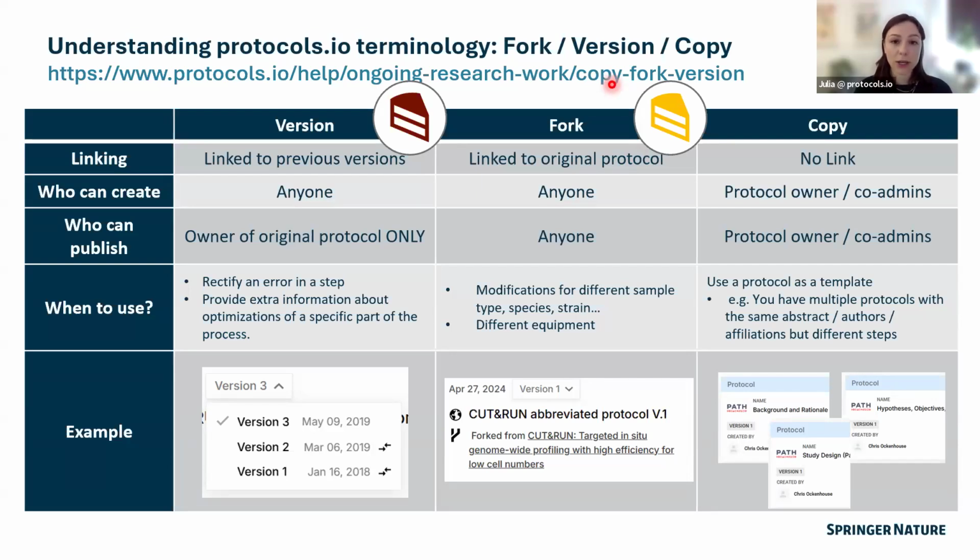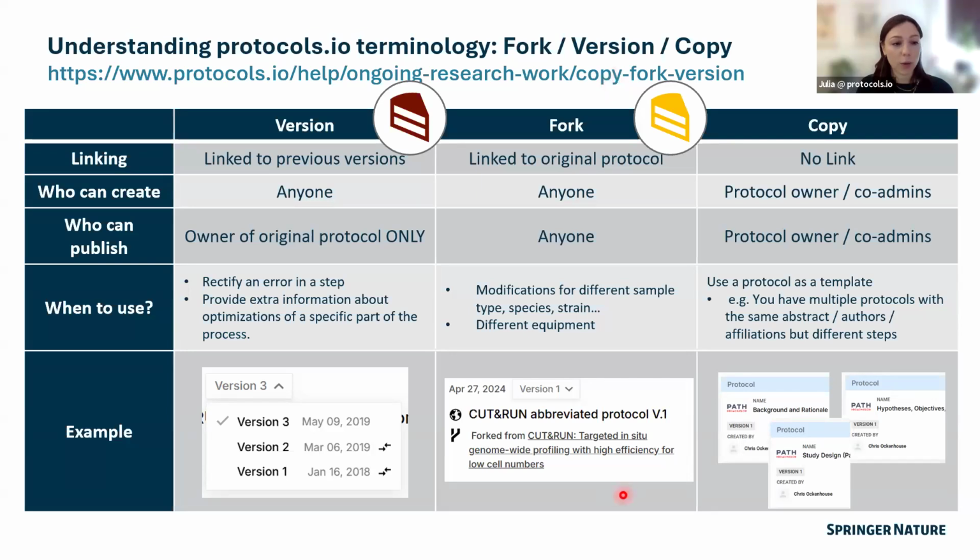So in a research context, that might be if you are making modifications to a protocol for a different sample type, species, or strain, or different pieces of equipment, various situations. And on Protocol Studio, we can see anyone can create a new fork and anyone can publish a new fork. So someone else could take your published protocol, adapt it for a different situation, and publish that as well.